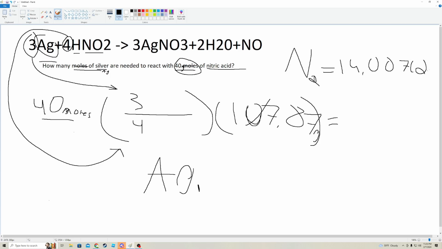It's going to be 14.007 times 2 because there's 2 of them. So if this was nitrogen instead of silver, we would have to multiply this by 14.007 times 2. That's just important to know because that is a point where a lot of people mess up, is they forget that diatomic atoms have a subscript of 2.